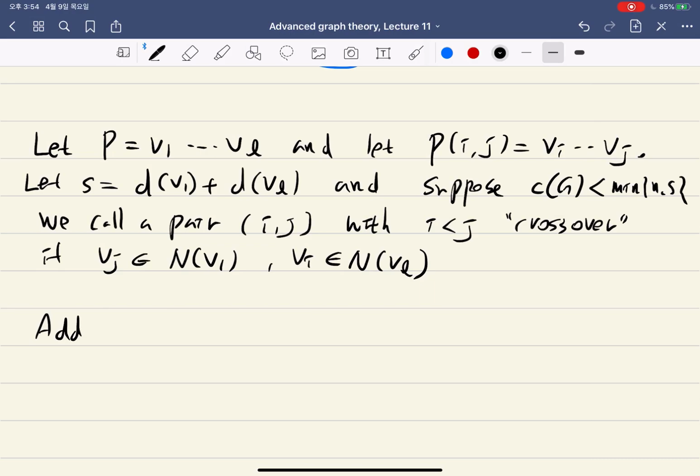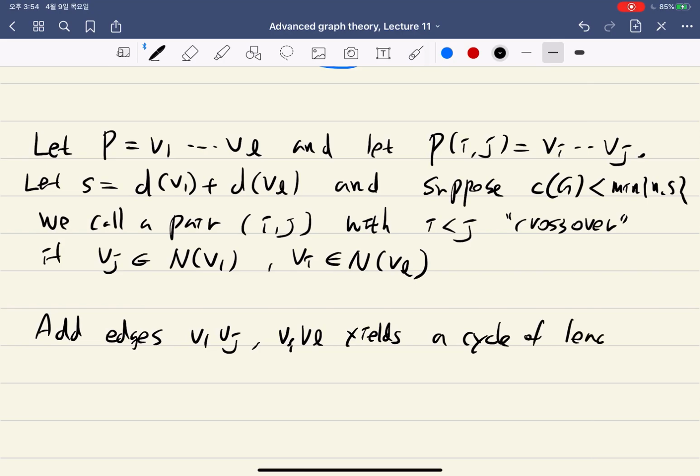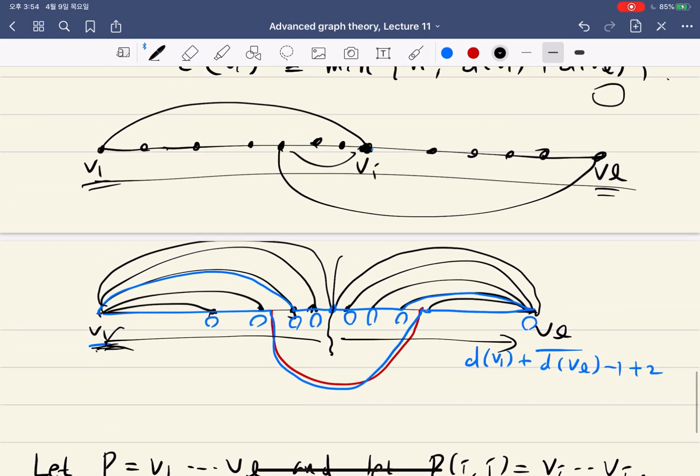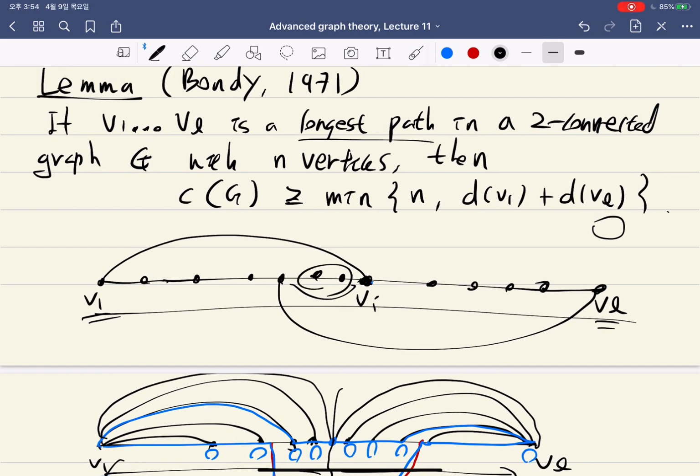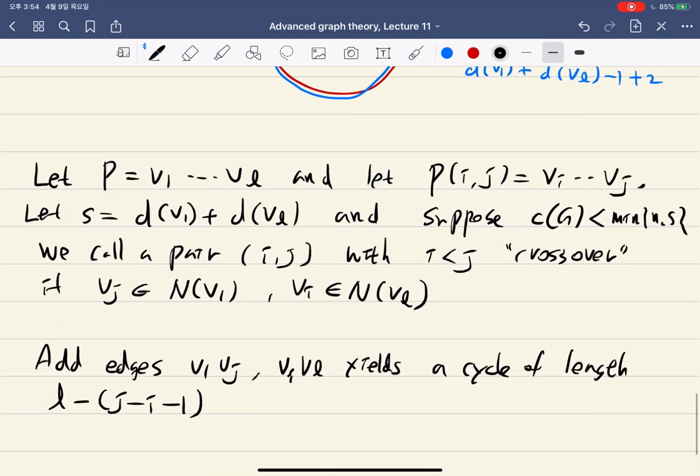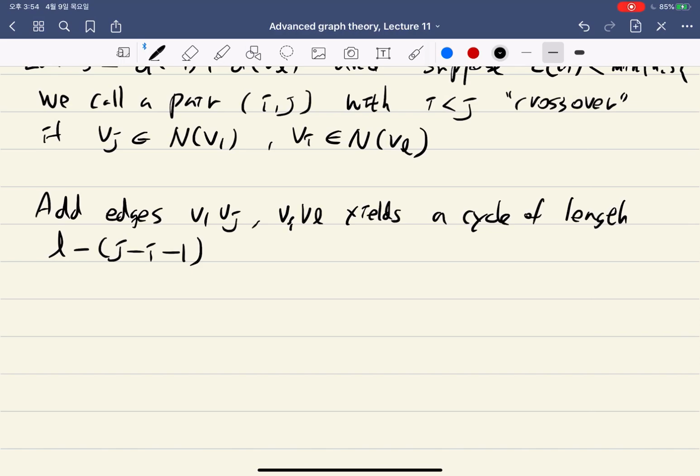Then if we add edges P1 Pj and Pi Pl, here's a cycle of length L minus J minus I minus 1, because the number of vertices here are J minus I minus 1. So that much we miss.